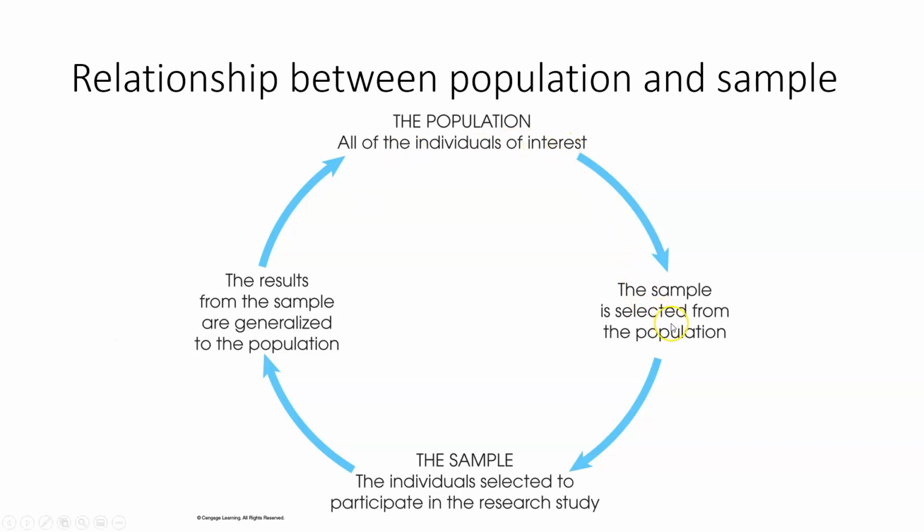A sample is selected from the population, and we do some kind of research study with those individuals. We run some statistics on the individuals, and the results from the sample are then generalized back to the population so that we understand who these people are without having to measure all of them on whatever characteristic we're interested in.